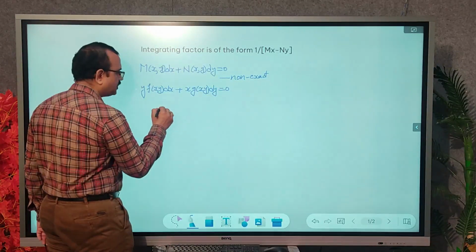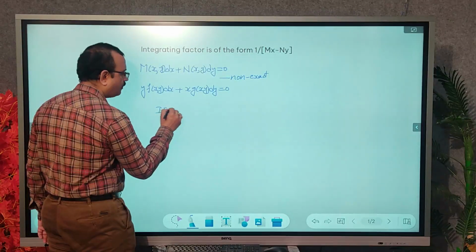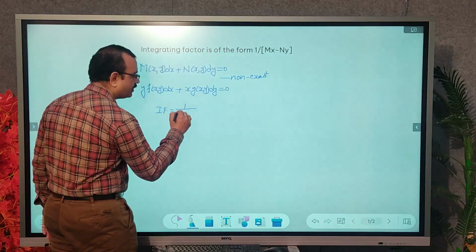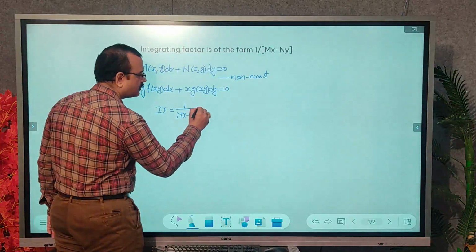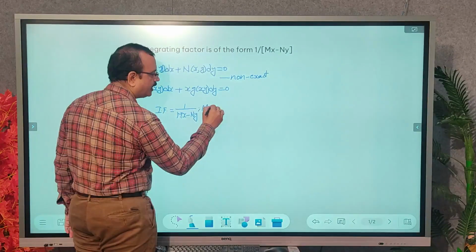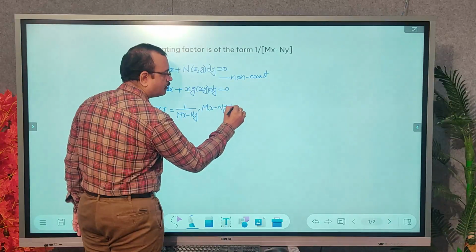Then we can say that the integrating factor is of the form 1 by Mx minus Ny, provided Mx minus Ny is not equal to 0.